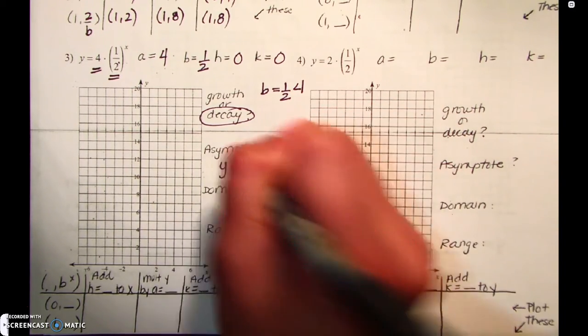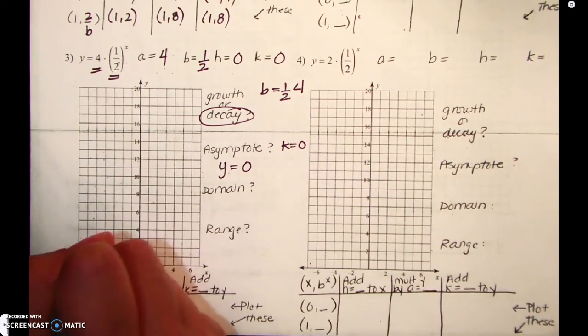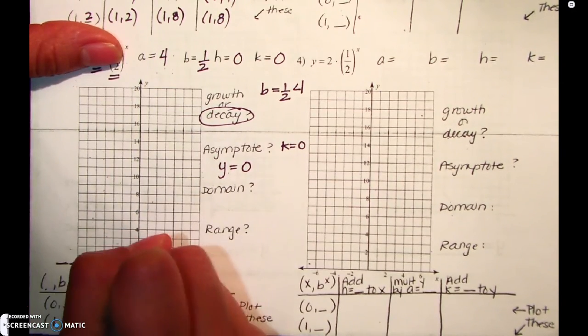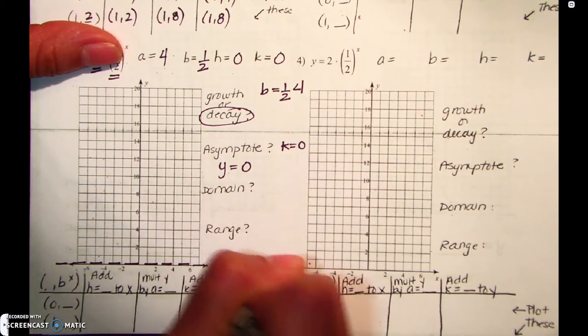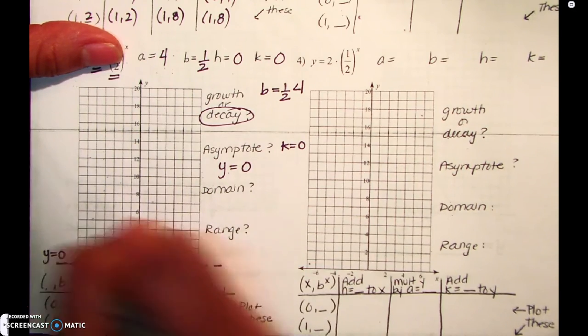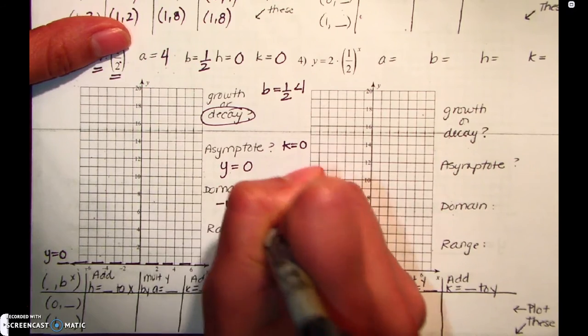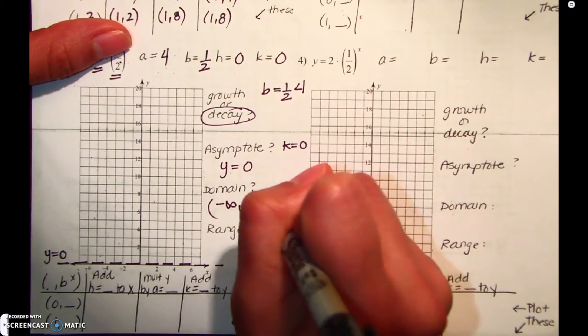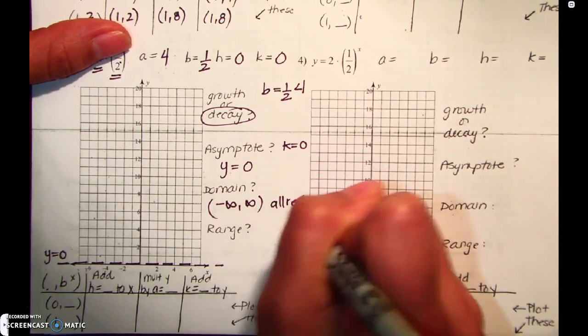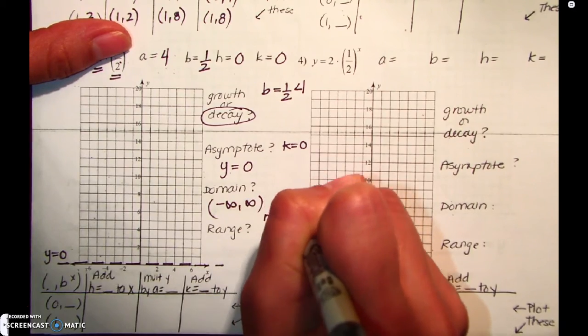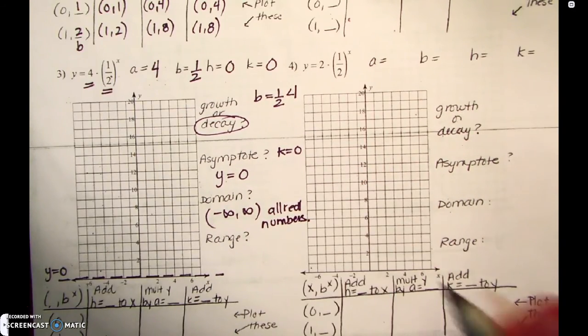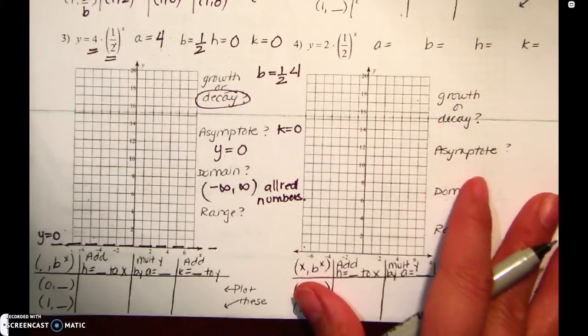In this case, K is 0, so that's my asymptote. I'm going to draw a dashed line at y equals 0, because that's my asymptote. The domain we already know is going to be from negative infinity to positive infinity, all real numbers, no matter what, unless we restrict the domain, but we're not going to restrict the domain, not yet.